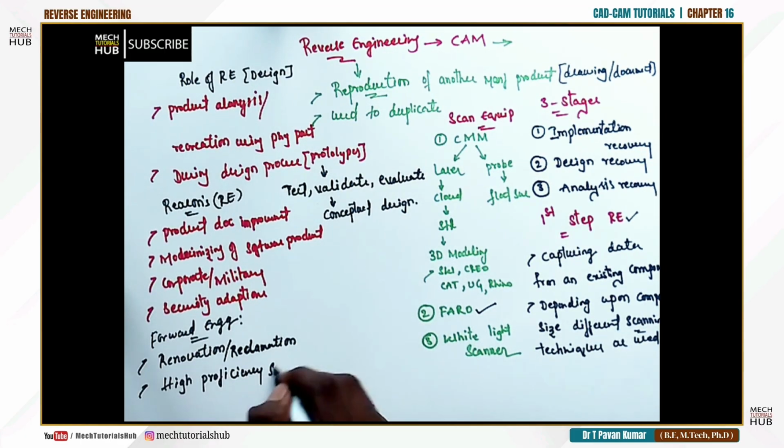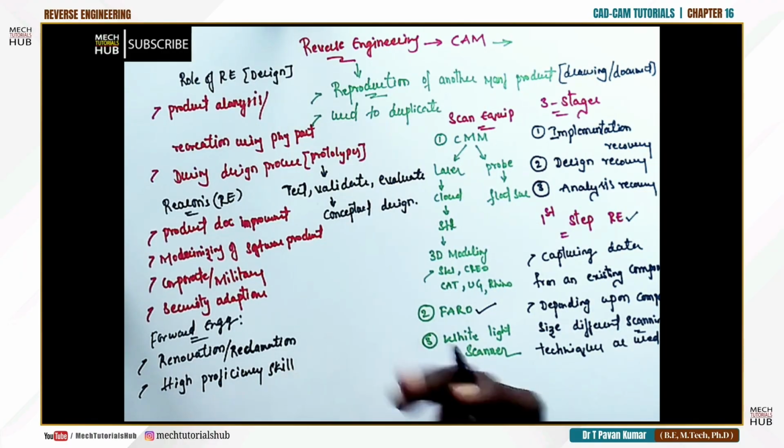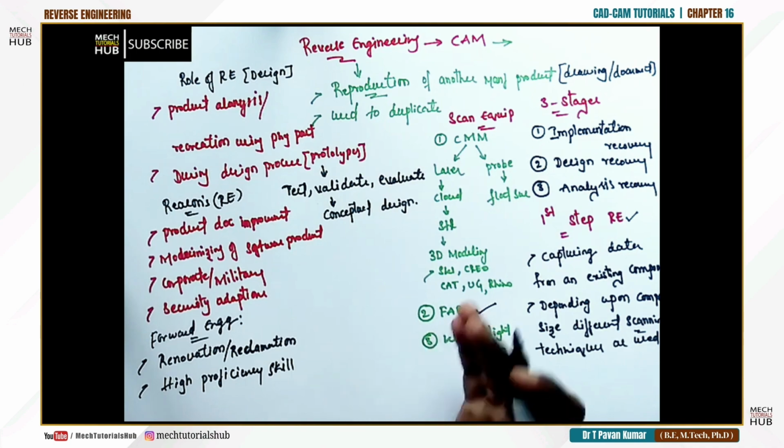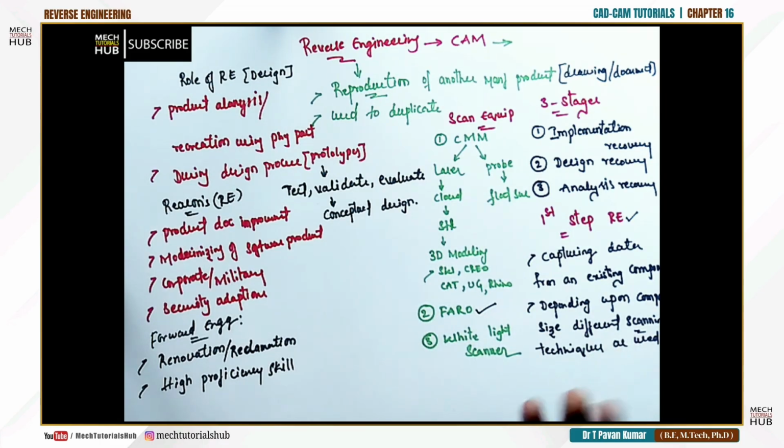High proficiency skills means being very familiar and good with material selection, process selection, sequence of operations, and in-time submission of the project. Other than that, hand calculations are needed to check whether the component or the material will sustain the conditions or not. By doing some structural or thermal analysis, we can come to a conclusion.